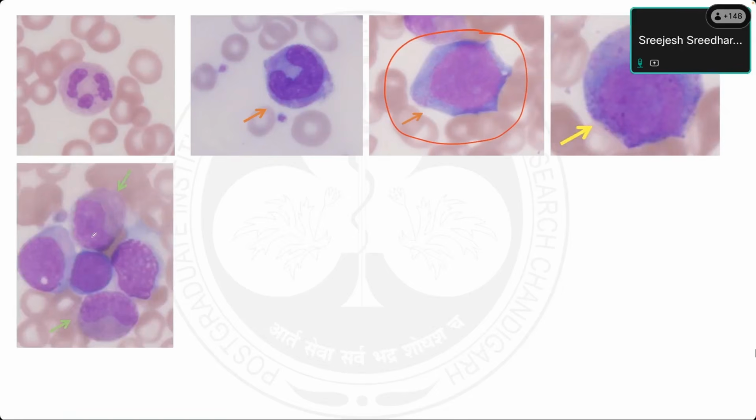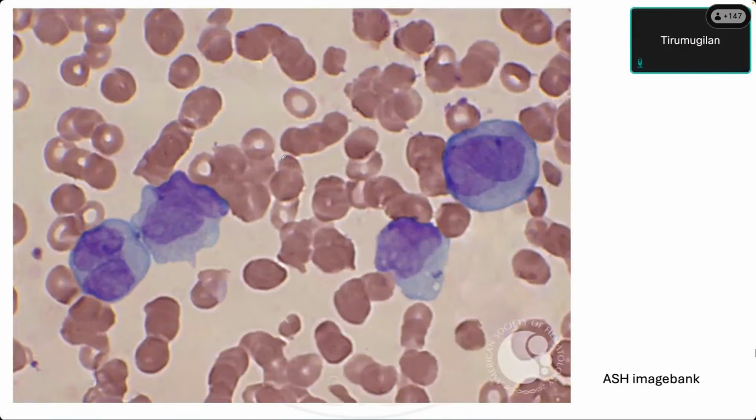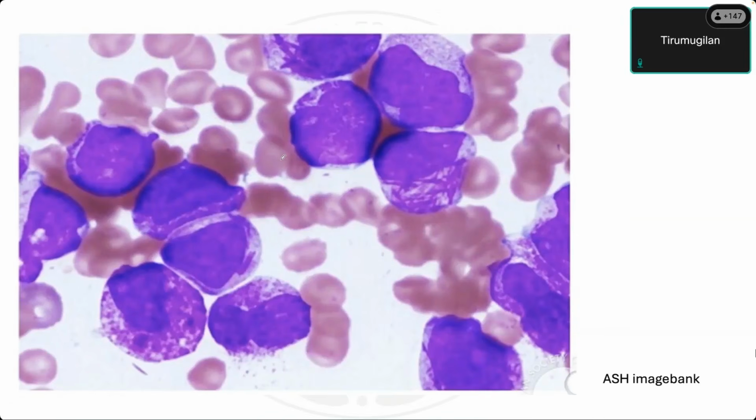Then what about these? Metamyelocytes. Metamyelocytes, right. What are these? Myelocytes. What are faggot cells? Faggot cells.